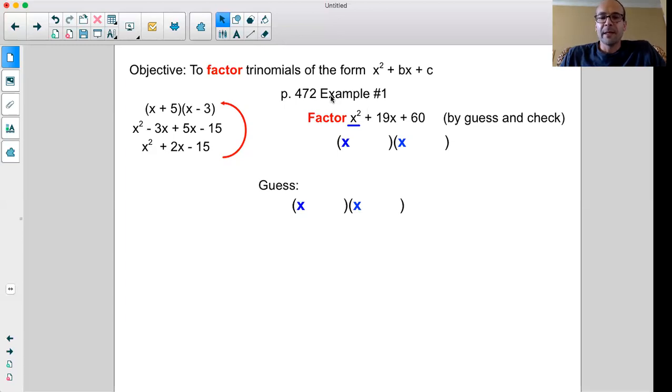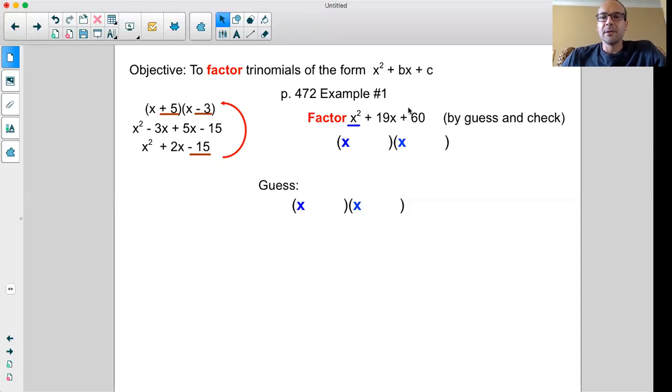Now, the end of my guess is going to be the numbers that would fill in here. I wouldn't fill in positive 5 and negative 3, because I know that if I were to multiply that out, it would match this, not the trinomial we're factoring. But it's not like we have to completely blindly guess. We're going to use this example to realize that the constant that we found in the multiplication problem, when you look back to the question, these 2 numbers are a pair of factors that multiply together to make this.